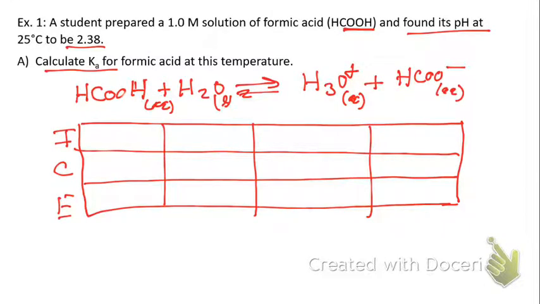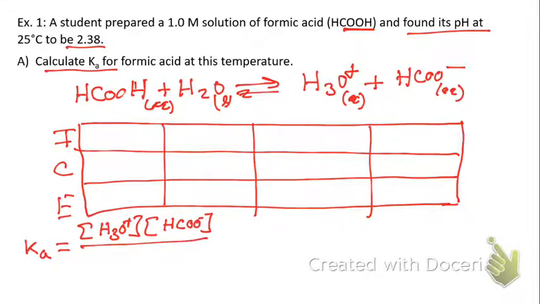Now the equilibrium expression for this, and I don't have a lot of room, so I'm going to write small. Ka, which is what we're trying to find, we take our products, the hydronium ion concentration times the conjugate base concentration, all at equilibrium, divided by our weak acid, which is formic acid.